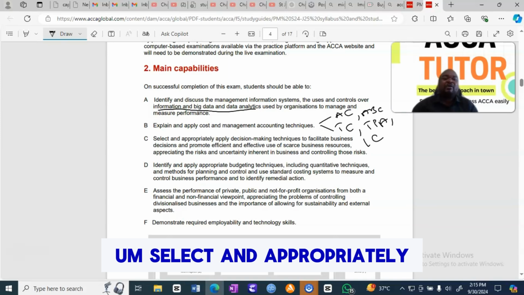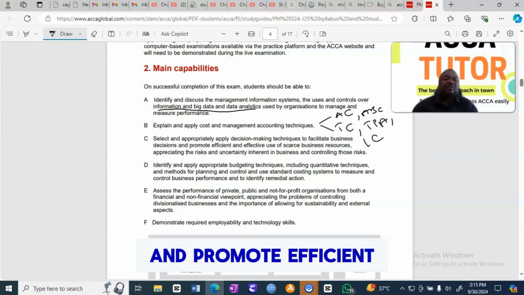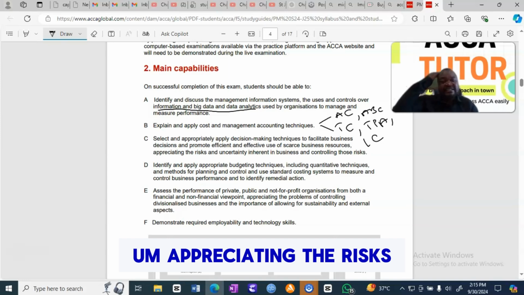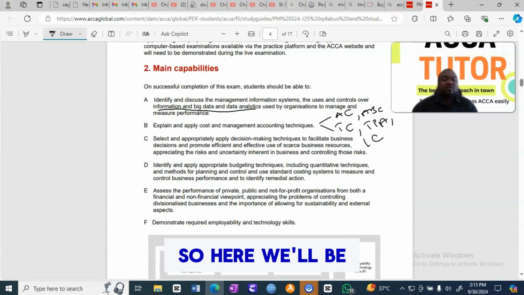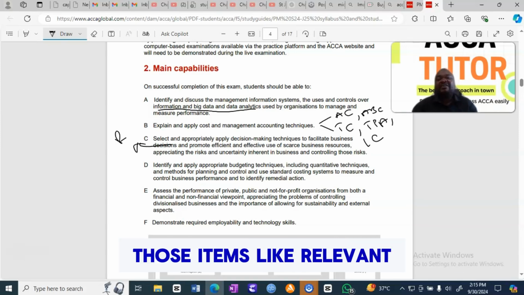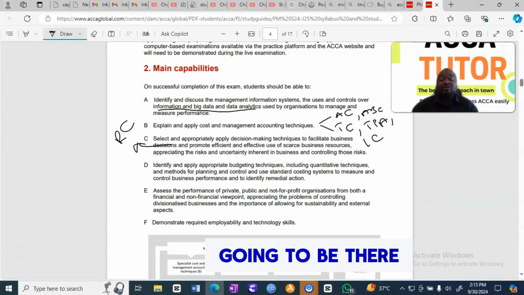Select and appropriately apply decision-making techniques to facilitate business decisions and promote efficient and effective use of scarce resources, appreciating the risks and uncertainty inherent in business and controlling those risks. So here we'll be looking at items like relevant costing. Relevant costing, ladies and gentlemen, is going to be there.